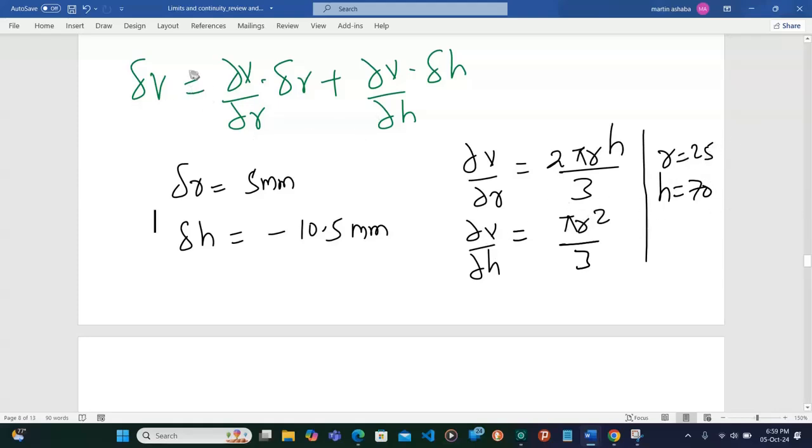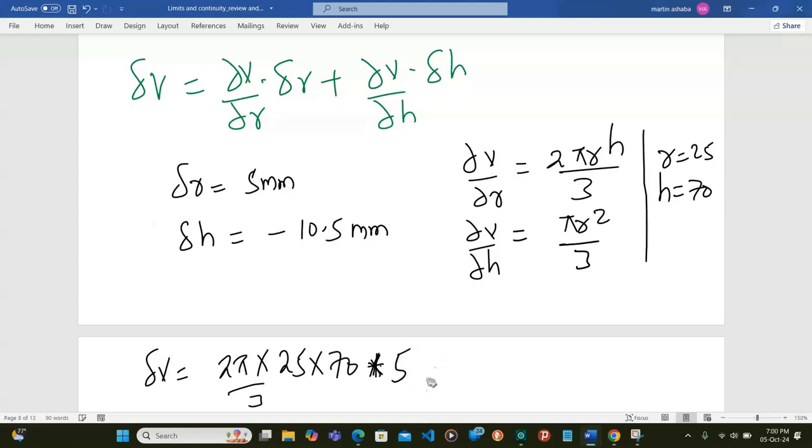So I just substitute: delta V will equal del V del r, which is 2 pi r h divided by 3, with r as 25 and h as 70, times the change in r, which is 5.